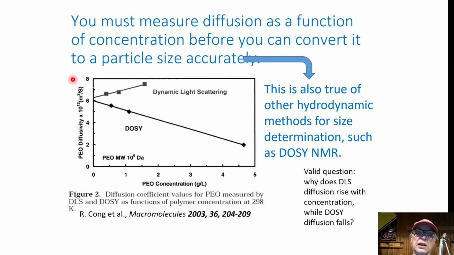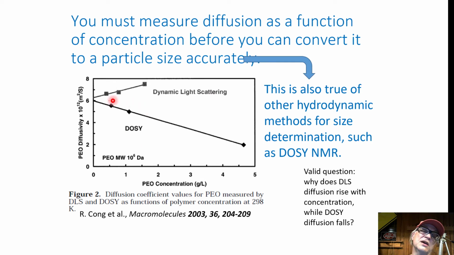Dynamic light scattering is looking at mutual diffusion, and DOSY NMR is looking at self-diffusion. Okay, so they're slightly different.